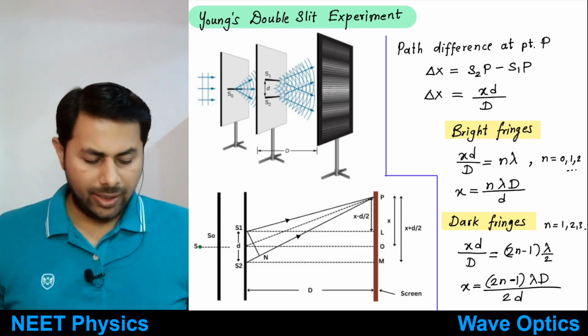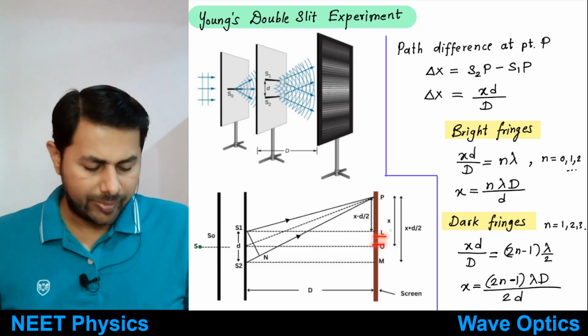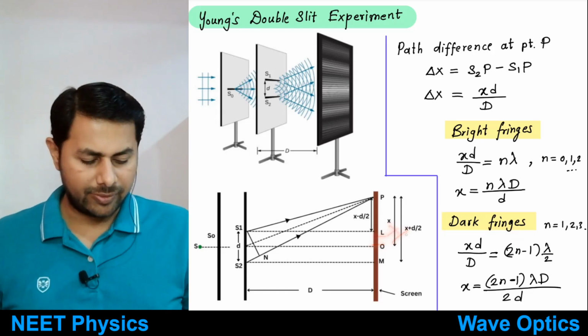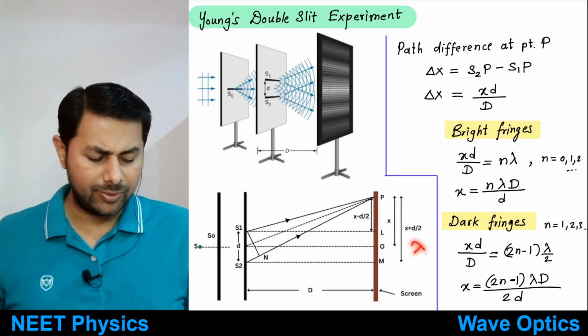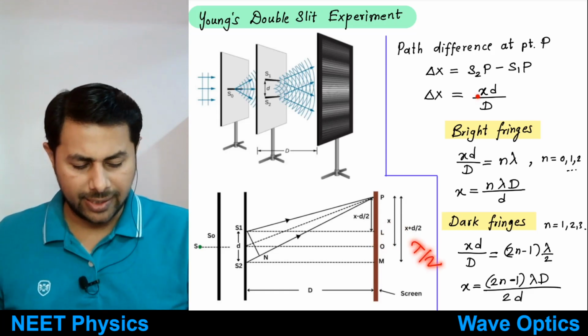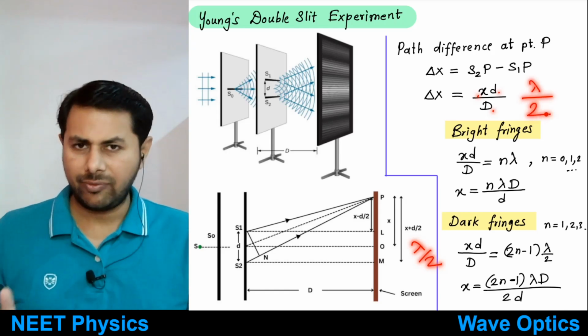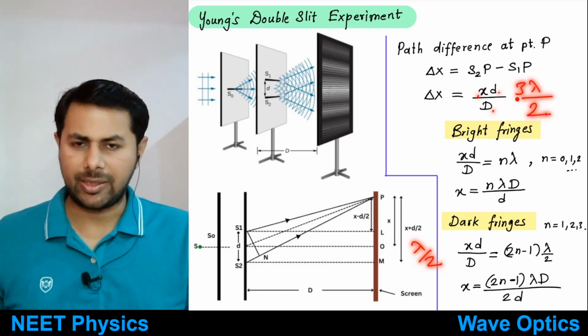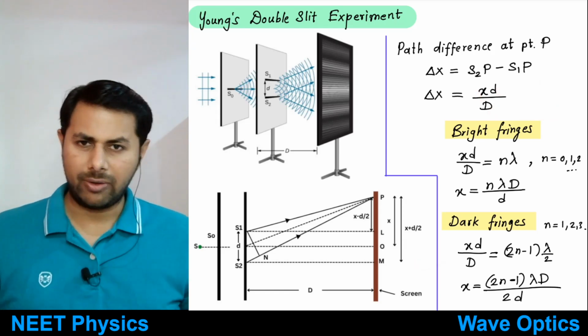Okay, and if you think about dark fringes, then the first dark fringe would be formed at a path difference equal to lambda by 2. That means x times small d by capital D equals lambda by 2. The second one would be formed at 3 lambda by 2, the next one at 5 lambda by 2, and so on. So how can we write that?